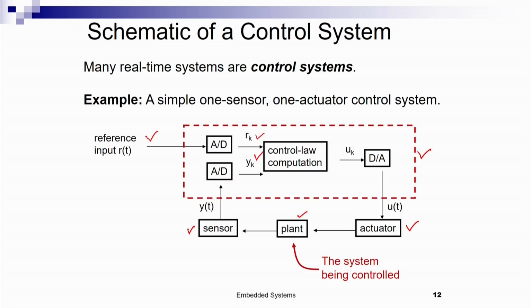And let us say after that this u_k tells me how to change the throttle of the car so that the speed of the car can reach the desired speed. So, this u_k is the digital output corresponding to the throttle that is needed to change the speed to the desired speed, and that is again digital to analog converted, and this output goes to the actuator, which is the plant, again the car, and the throttle is changed.